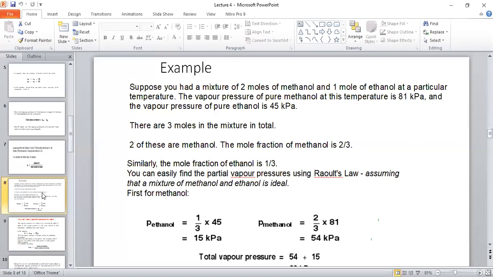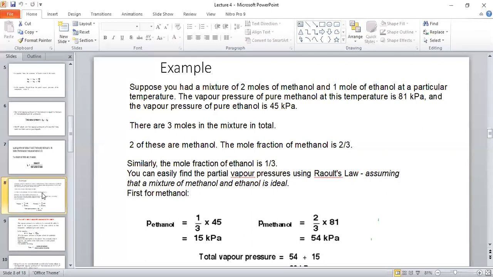So now use the equation here: P ethanol is equal to X ethanol multiplied by the vapor pressure of ethanol when it's on its own in its pure state without mixing with anything.